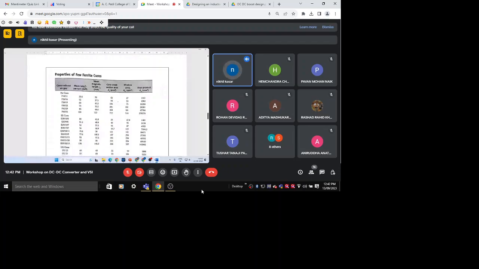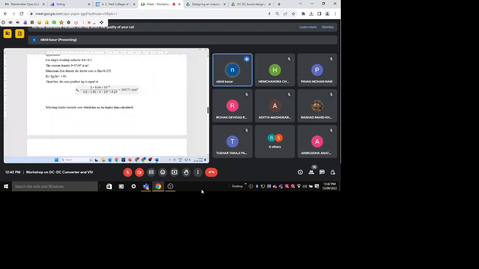Which core are we using? A toroidal core. Whichever one we are selecting, we follow that, and calculate the related values from the calculated value.